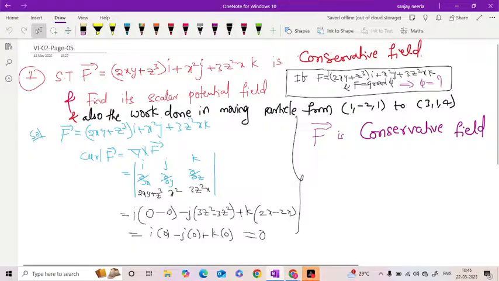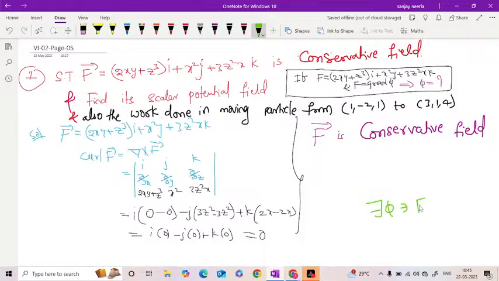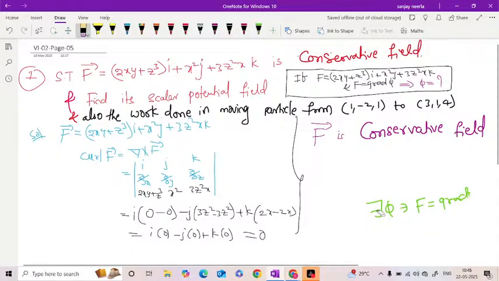Already it is an irrotational vector, so definitely there exists a π such that the vector point function can be written as the gradient of π. So we have to find the π. That is the second question. And the third question is also the work done in moving the particle from point 1 to point 2. Okay, so this is the first question. I think we did it in the previous class.